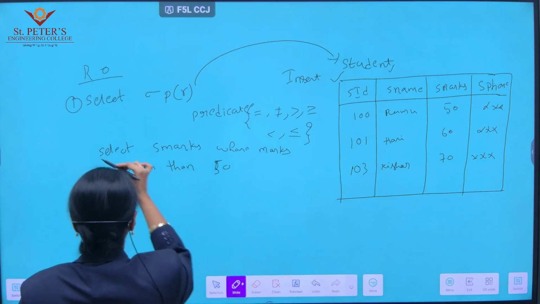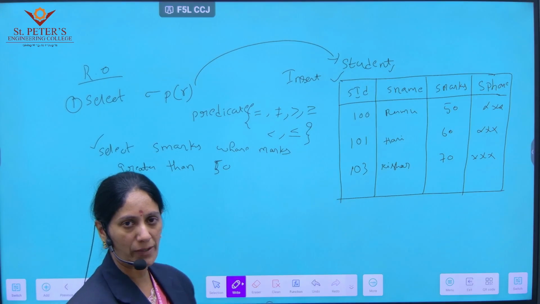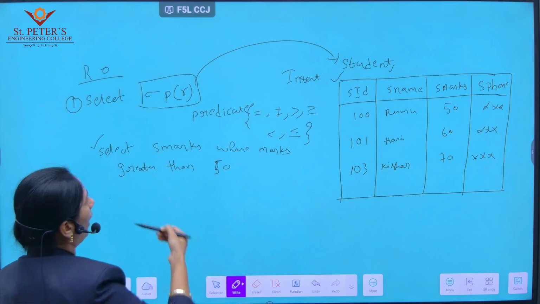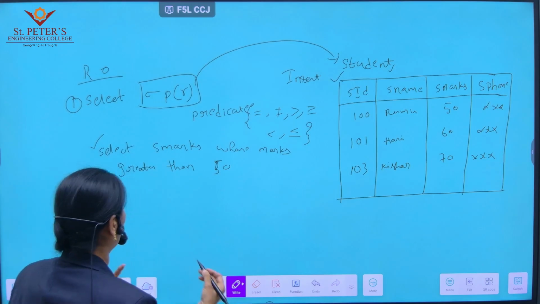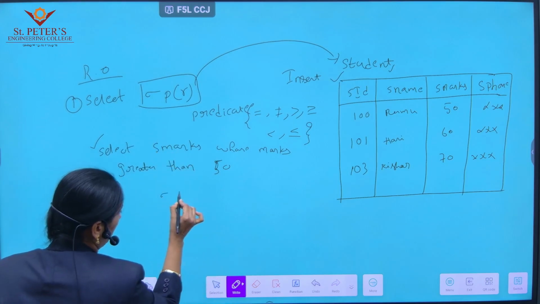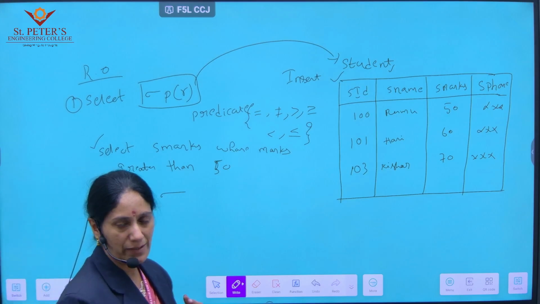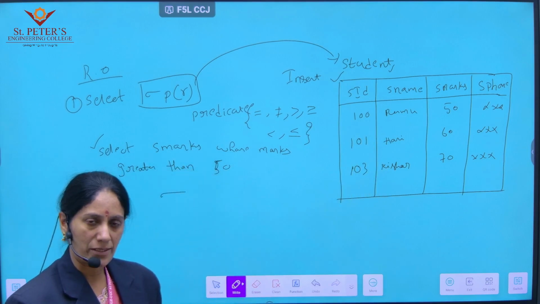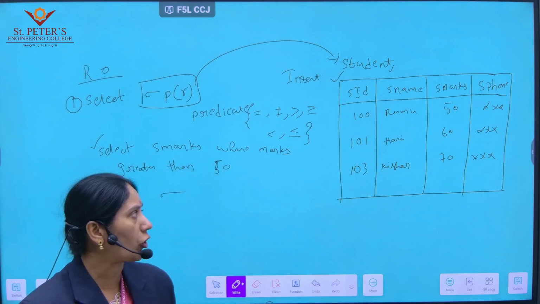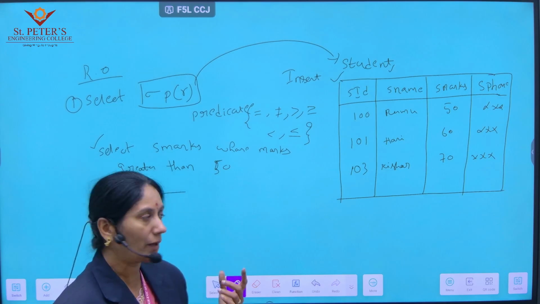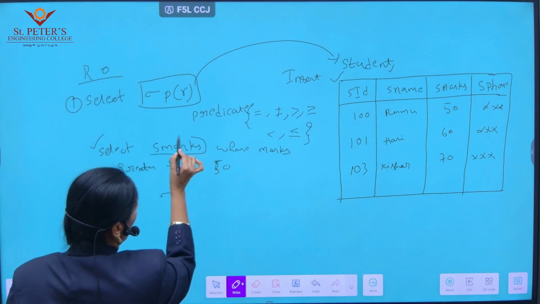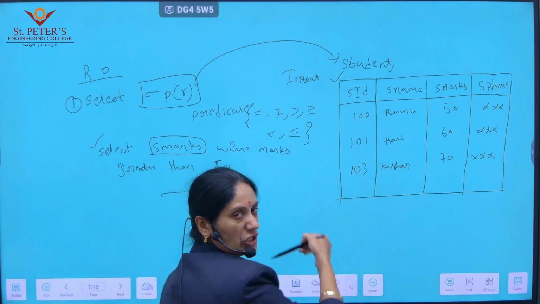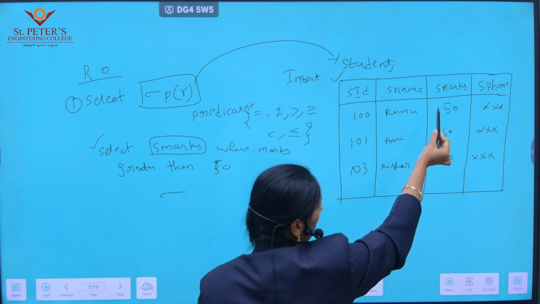How to represent the select operation? Sigma p of r. Sigma means select the data from the database. Which columns do we need to select? The column name is student marks. The student marks column is there in the student relation, yes?